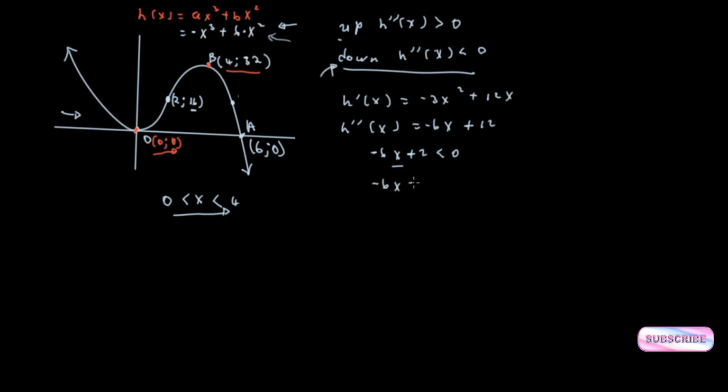Negative 6x is less than negative 12. Finding the value of x, we find that x is greater than 2. This will be your answer.